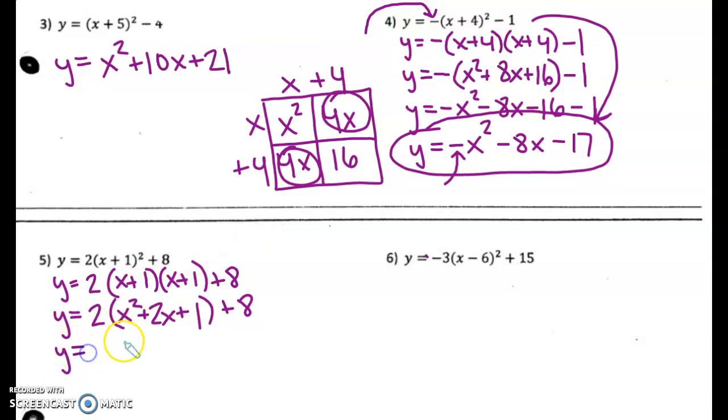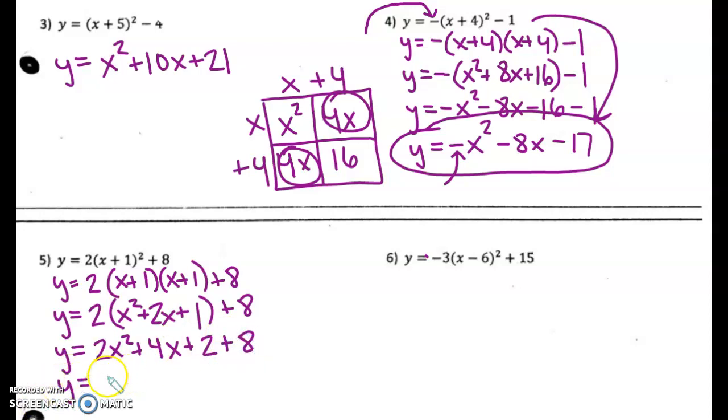Okay, now I'm going to distribute the 2. So 2 times x squared is 2x squared. 2 times positive 2x is a positive 4x. And 2 times a positive 1 is a positive 2. Remember, I still have the plus 8 on the end.